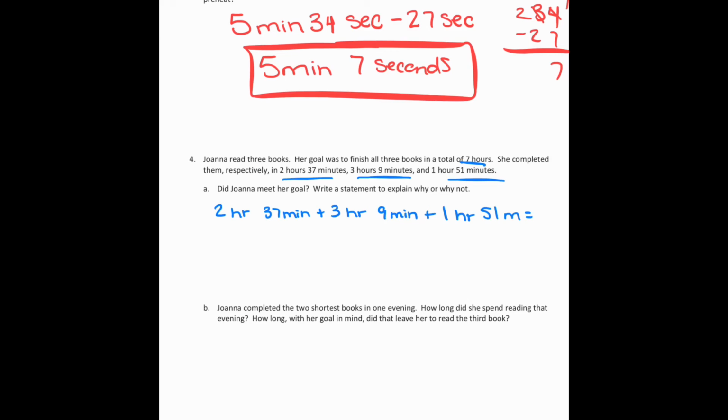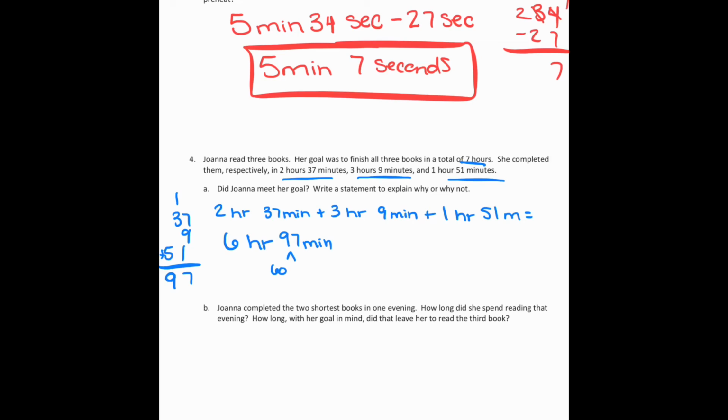So let's add these together. Let's add all of our hours together first. We got 2 hours plus 3 hours plus 1 hour, which will give you 6 hours. And if we add our minutes off to the side, we have 37 plus 9 plus 51. All right, and when we add, we get a total of 97 minutes. Well, 97 minutes, that's more than an hour, so we need to split it up.